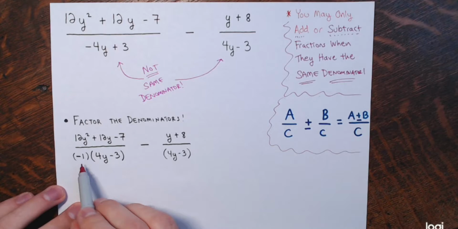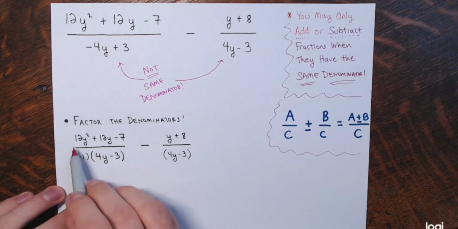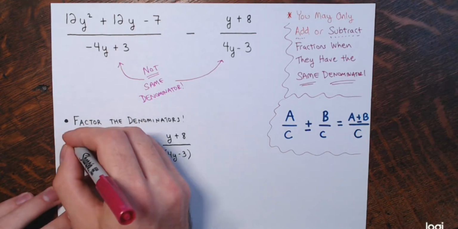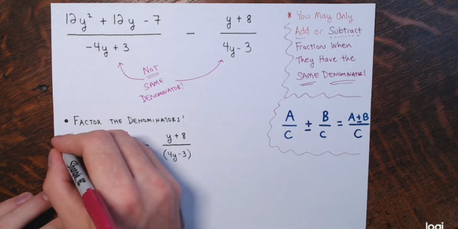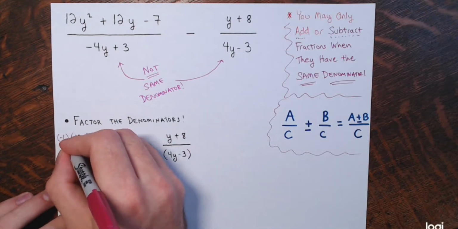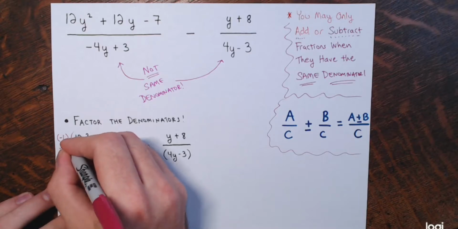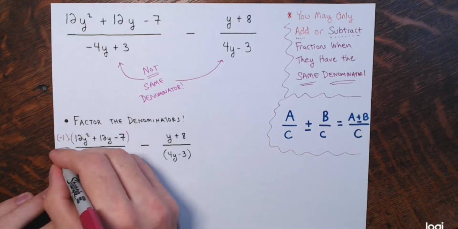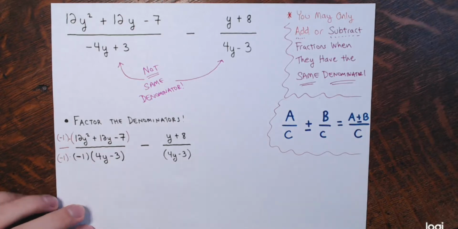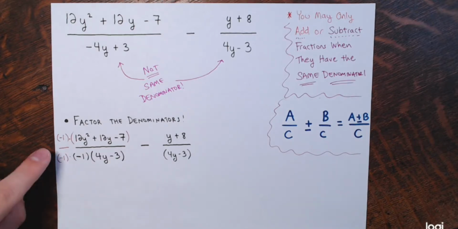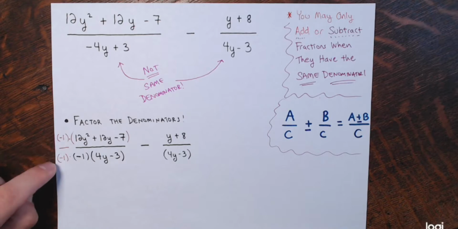Very simply, take one of the fractions, and I'm going to multiply the entire numerator and denominator by negative 1. So negative 1 times the numerator, over, and then negative 1 times the denominator. Now you must multiply the numerator and denominator by the same thing, right?